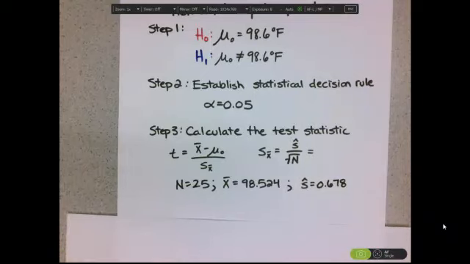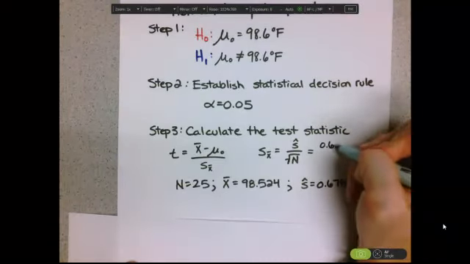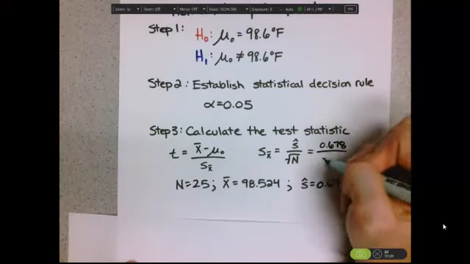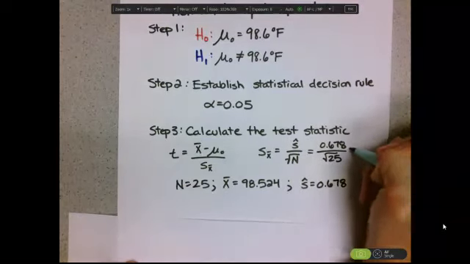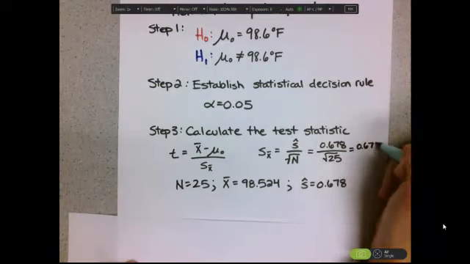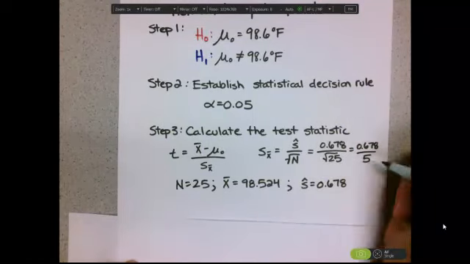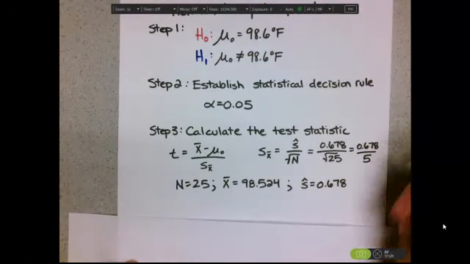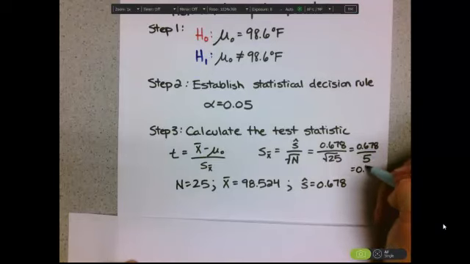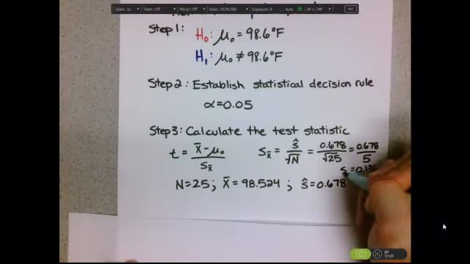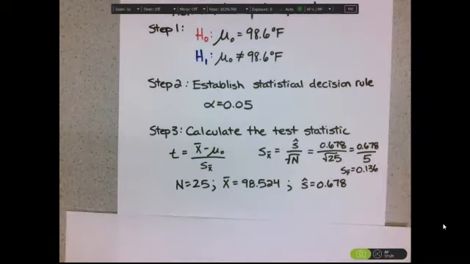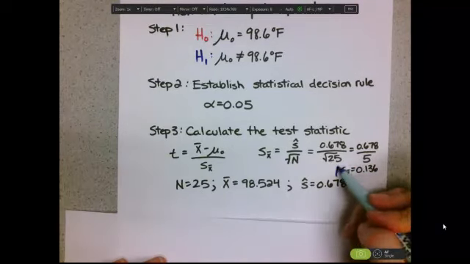We can use this information to calculate our standard error: 0.678 divided by the square root of 25, which is 0.678 divided by 5, which is equal to 0.136. So that's our estimate for the standard error.